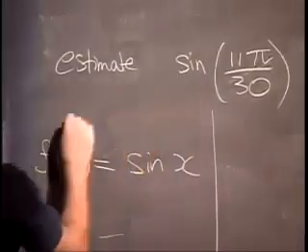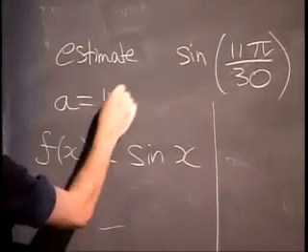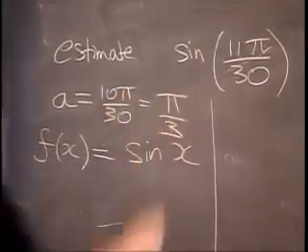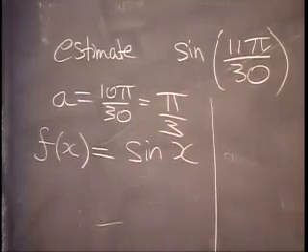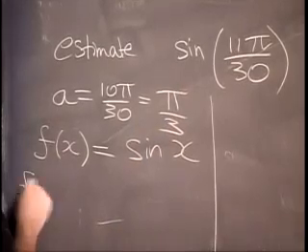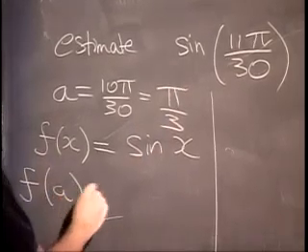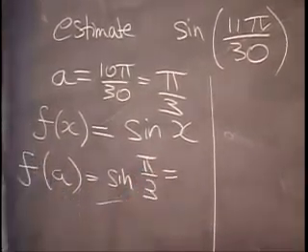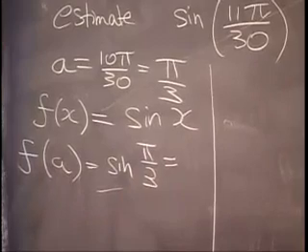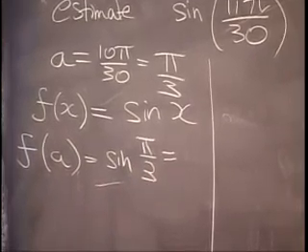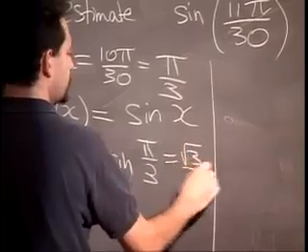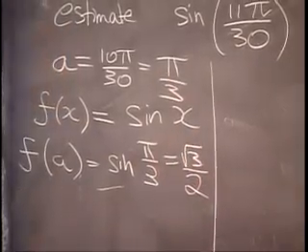Now we need this point a to be close to 10 pi over 30, or otherwise pi over 3. So f of a is sine pi over 3. And what is sine pi over 3? Do we know? We should know. Come on. Sine pi over 3. Root 3 over 2. Good.